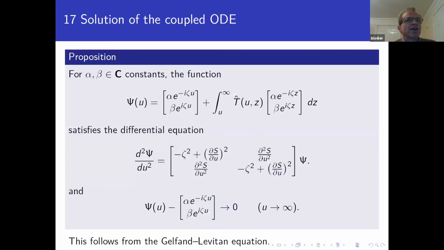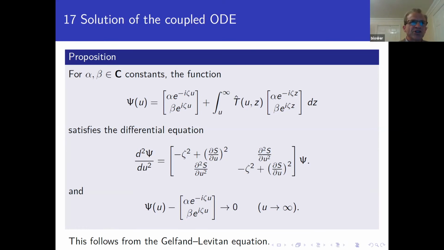Now, based on this, we can proceed to the solution of the coupled ordinary differential equations. The idea is you take your solution T of the Gelfand-Levitan equation and you integrate this against a vector which is going to depend on constants alpha and beta, and we've got e to the minus i z zeta and e to the plus i z zeta.